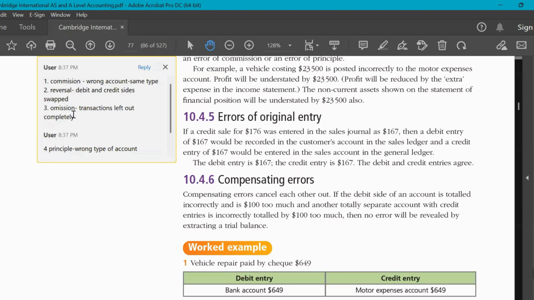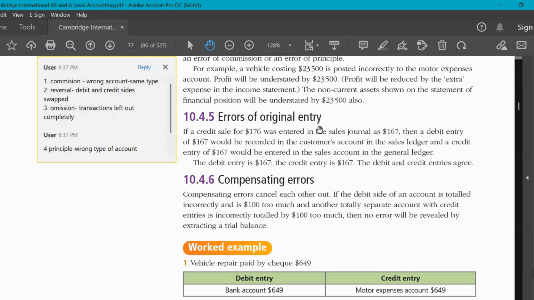And principle means wrong type of account. So for example, asset versus expense, liabilities versus income. Different accounts from the very start. And then you have the fifth one, which is the errors of original entry.